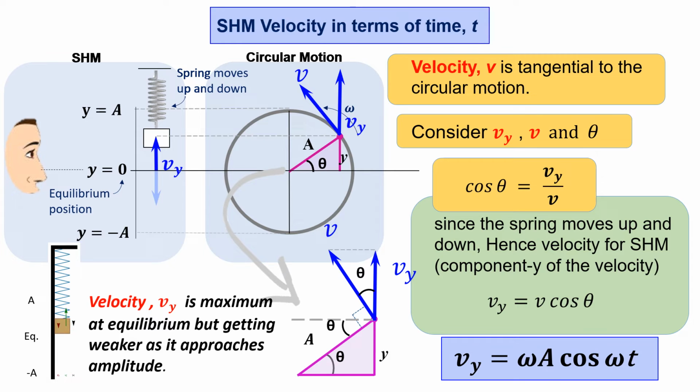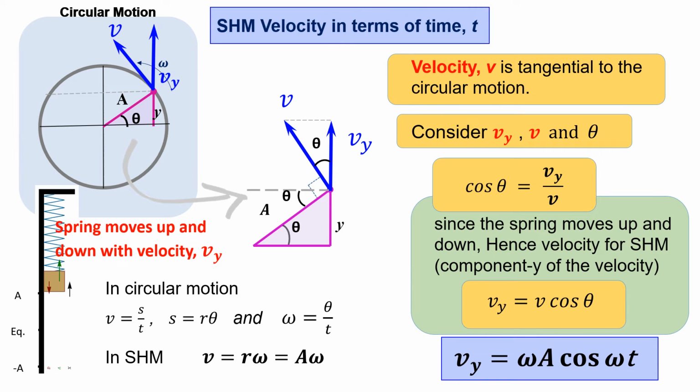Disebabkan pergerakan ini melibatkan masa, so theta is equal to omega t. Kita akan dapat Vy is equal to omega A cos omega t. Di mana kita dapat V is equal to omega A?